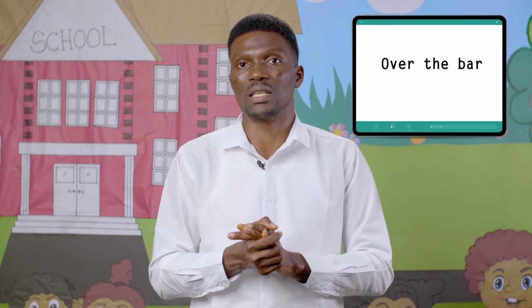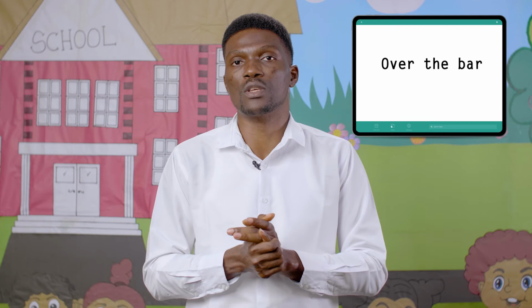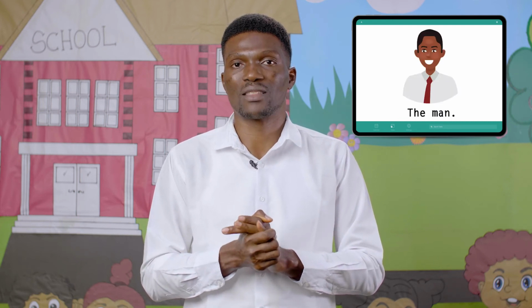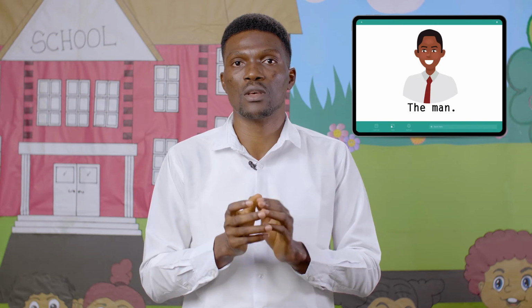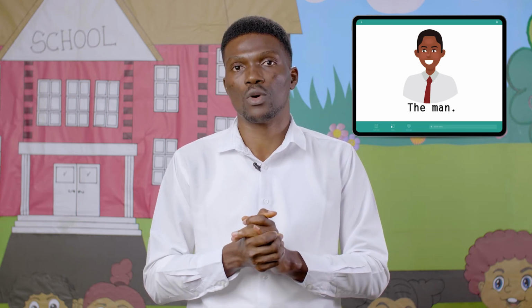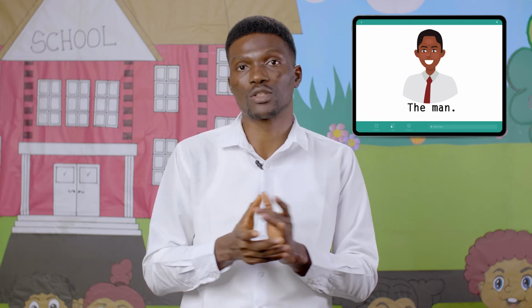So let's see if you can add a prepositional phrase and an adjective to the man. That very simple noun phrase, the man. Let's see if you can do that. So what kind of adjective would you like to add to the man? Would you want to describe how fat he is, how tall he is, his complexion?